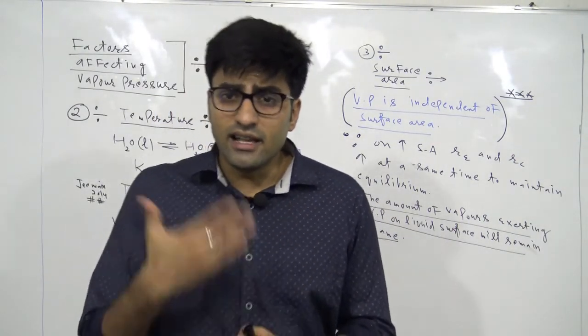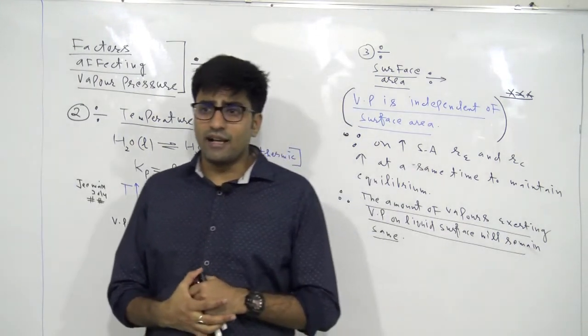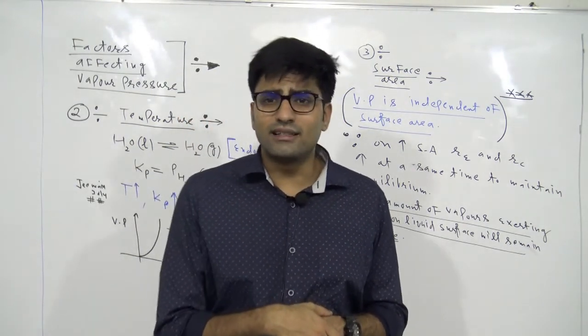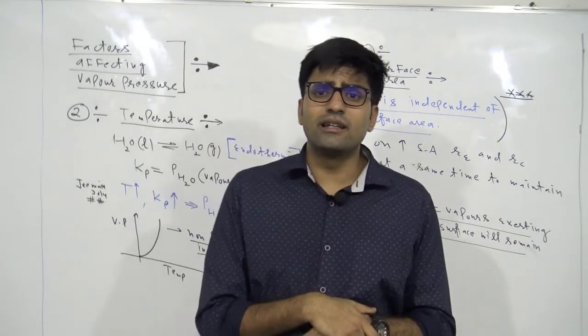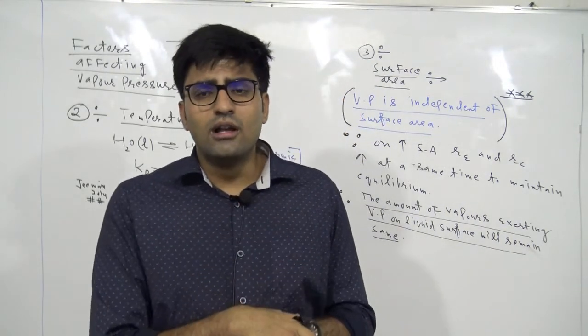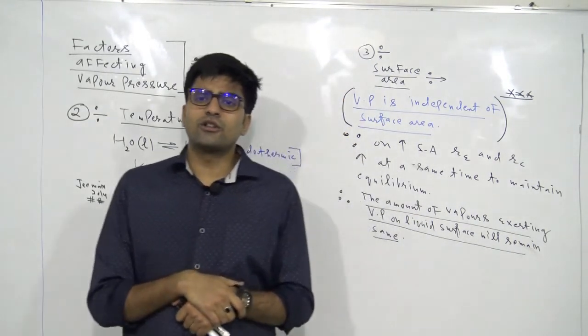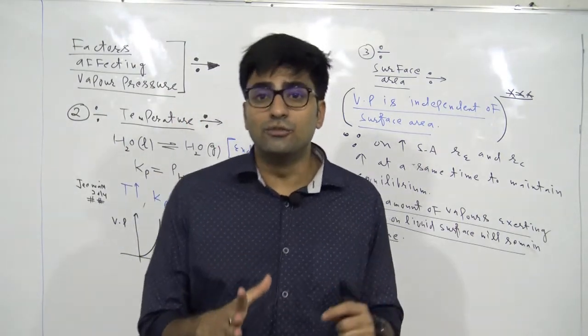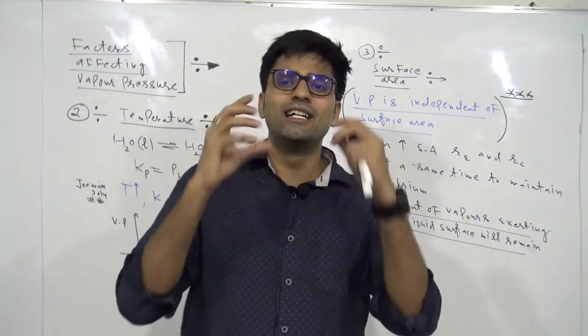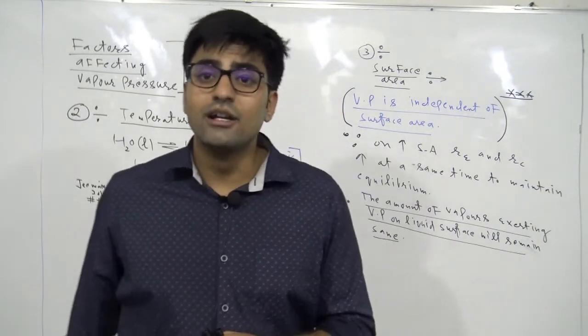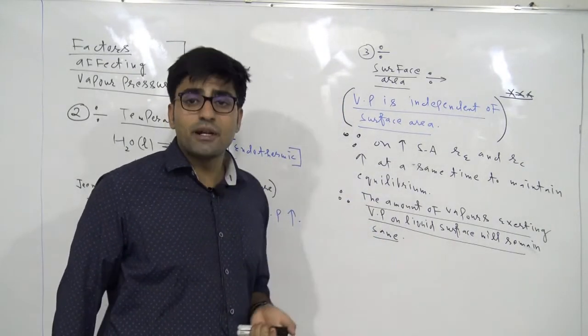What about density? Density is also an intensive quantity, right? Density of mercury is 13.6 gram per cc, or density of water is 1 gram per cc. Whether you take 1 liter of water, 100 liter of water, or 1000 liter of water, the density value will not change. So similarly with vapor pressure also.